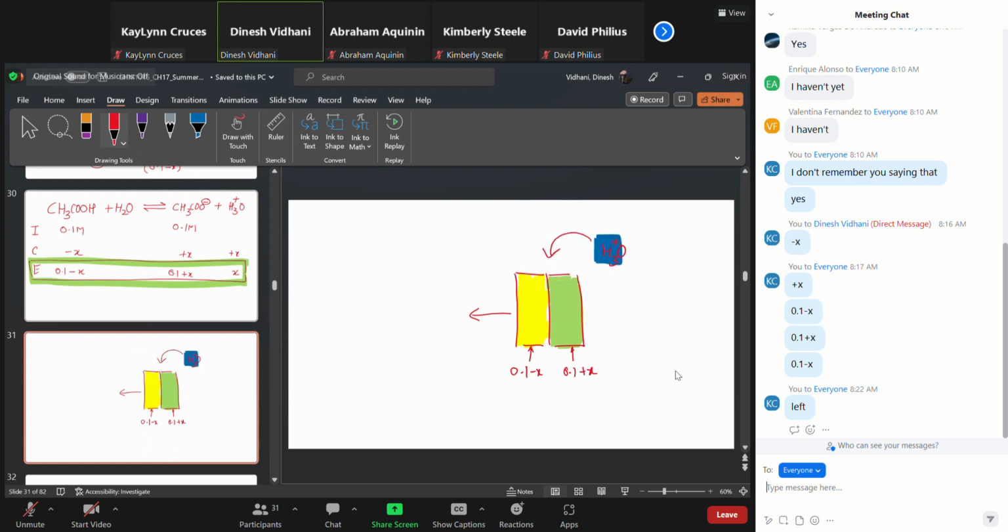Let's see what we have. Since you said in the chat that acetate ions are the ones going to react, their concentration should fall down. All of you agree with that?